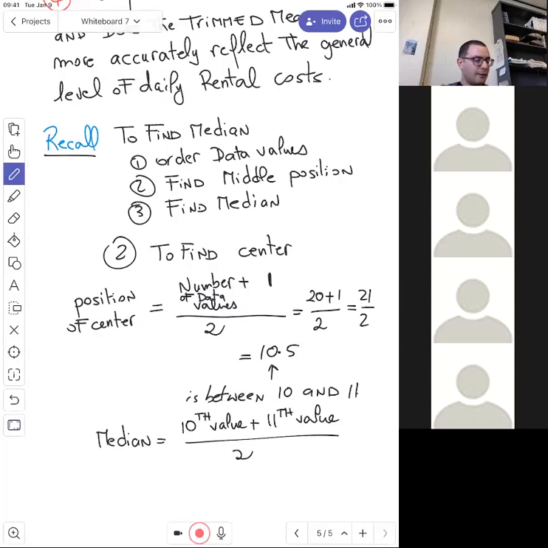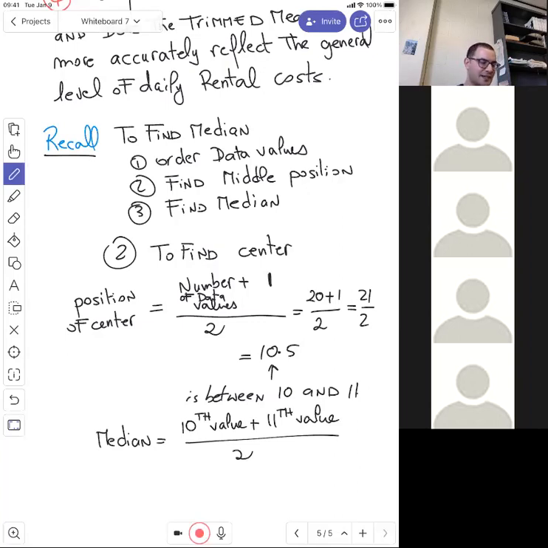Here, because I got a decimal, 10.5, and in this case we have 20 numbers, an even number of numbers. But if you had an odd number of numbers, like, I don't know, 25 numbers, then the position of the center is going to be given exactly by a number. It's not between two numbers.